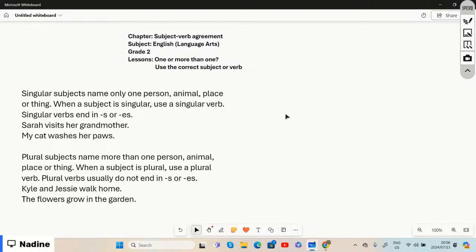When we have singular subjects, remember singular refers to one person, one animal, one place, or one thing. And plural subjects name more than one person, more than one animal, more than one place, or more than one thing.